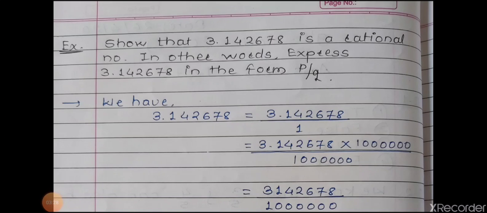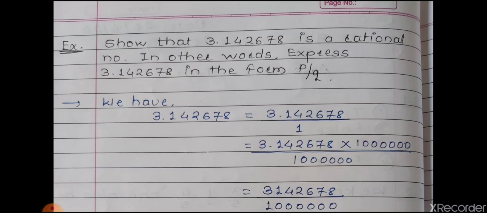Today we are going to solve some examples. Show that 3.142678 is a rational number. In other words, express 3.142678 in the form p by q. We have to express this decimal expansion in the form p by q.